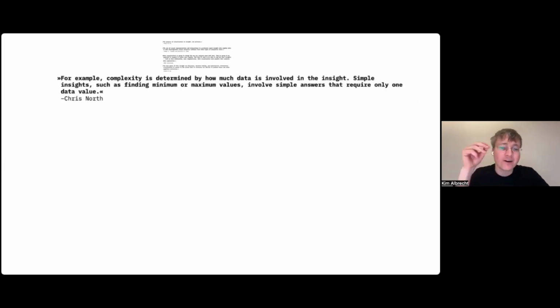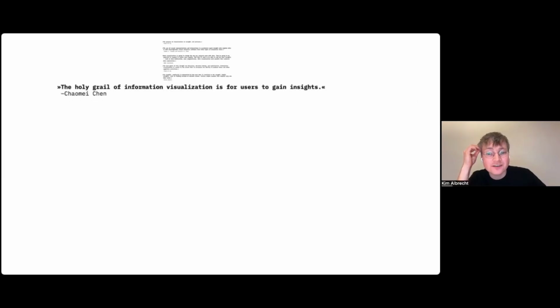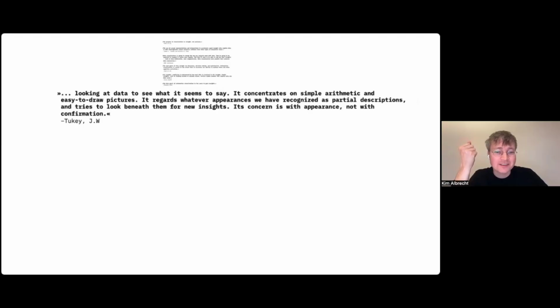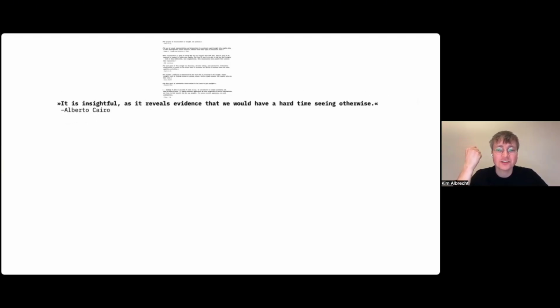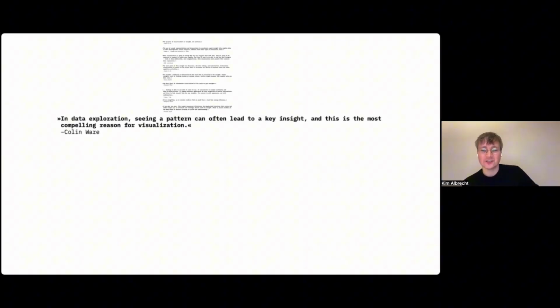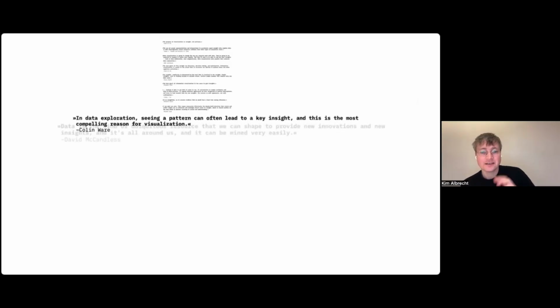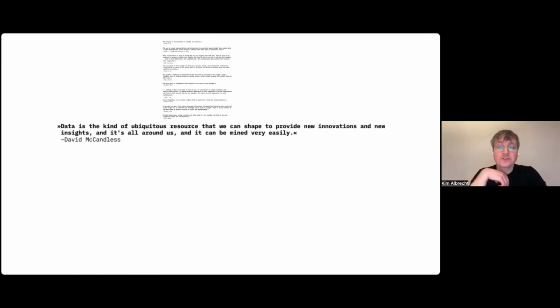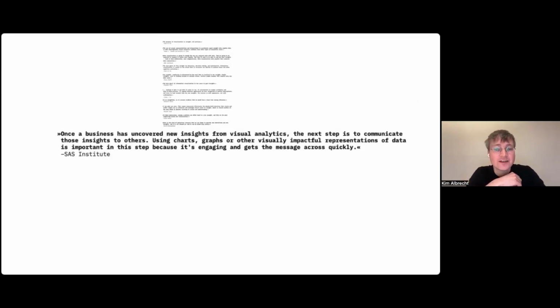And I'm just going to read out a couple of them. The purpose of visualization is insight, not pictures. Visualizations accelerate rapid insights. The holy grail of information visualization is for users to gain insights. Images are an alternative and seemingly direct route to insight. Data is a kind of ubiquitous resource that we can shape to provide new innovations and new insights.